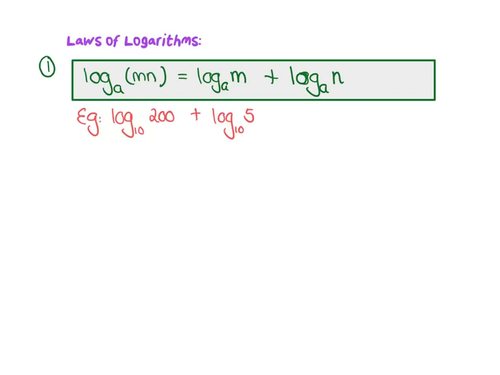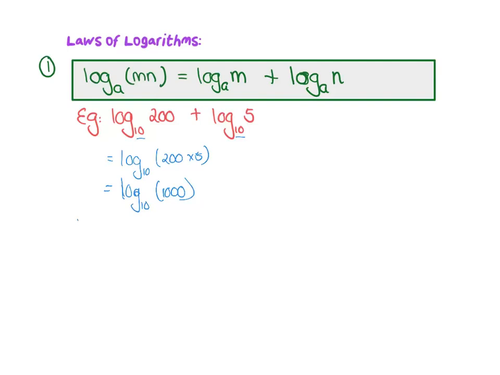So in the example, I've got log 10 of 200, same base, and I'm adding log 10 of 5, so the answer equals log 10 of 200 times 5, which equals log 10 of 1,000. So we could write these 2 additions like that.